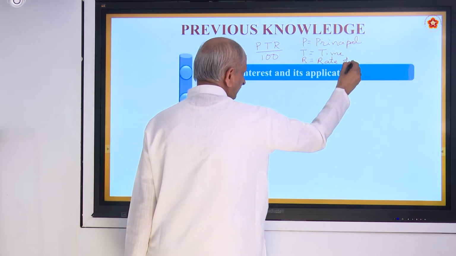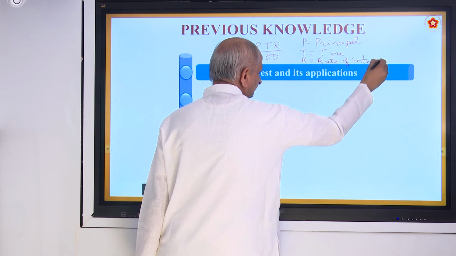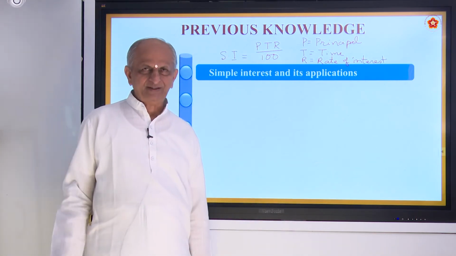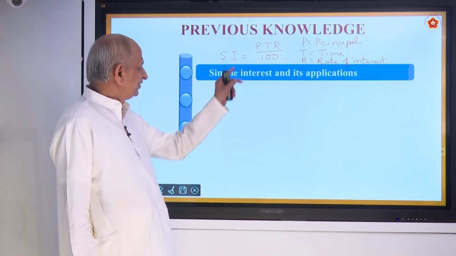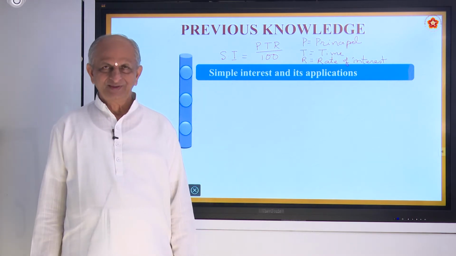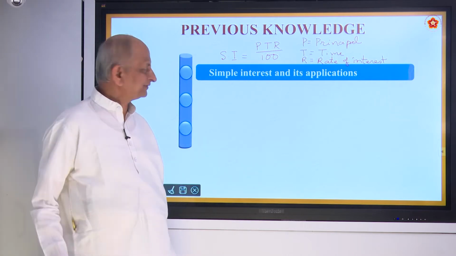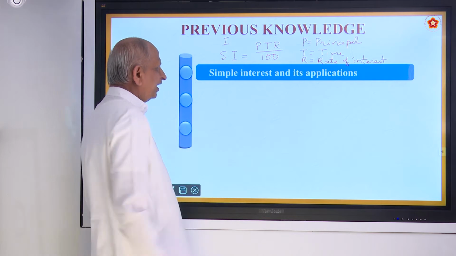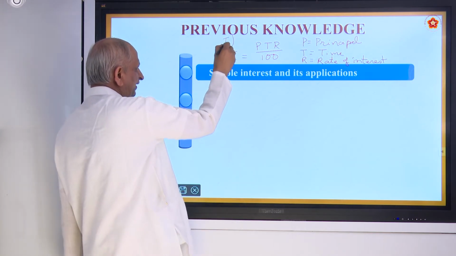We have studied all this and I worked out many problems also. But as it is connected to today's topic, we should know the basics correctly. In this formula, you can find out any of the 4 factors. SI we call as I. Out of these 4, if any 3 are given, you can find the 4th one.